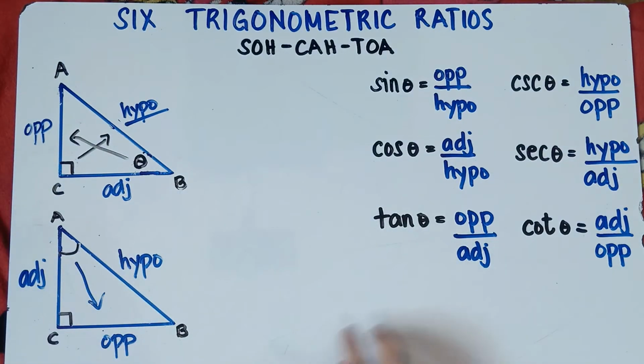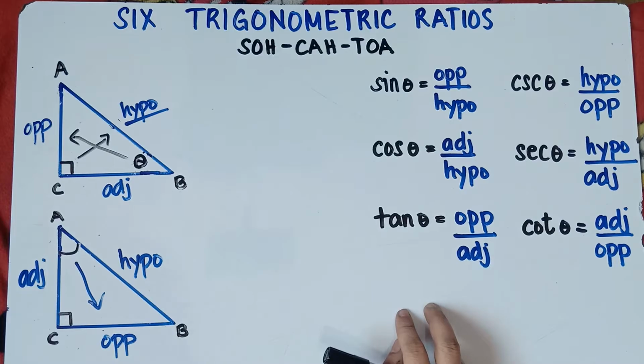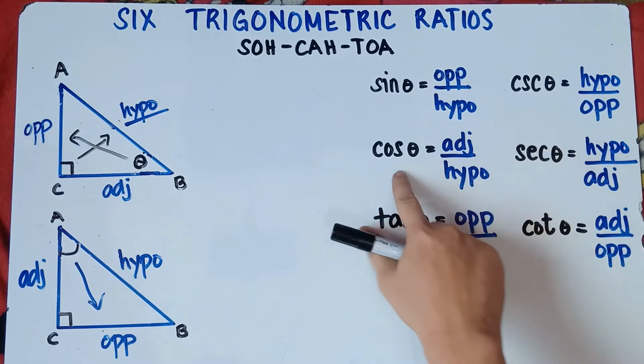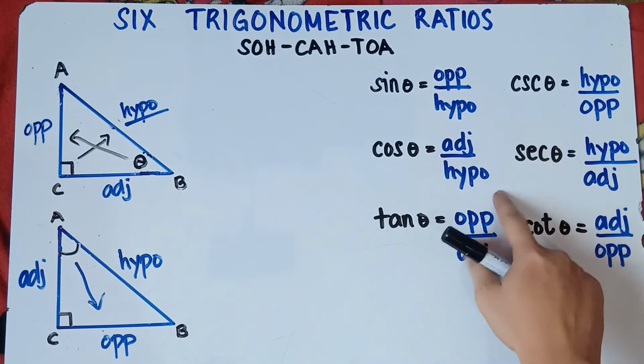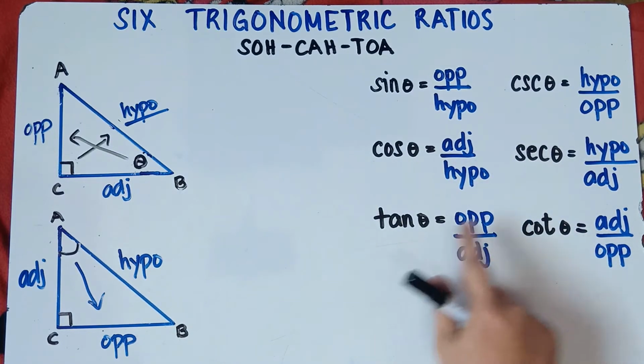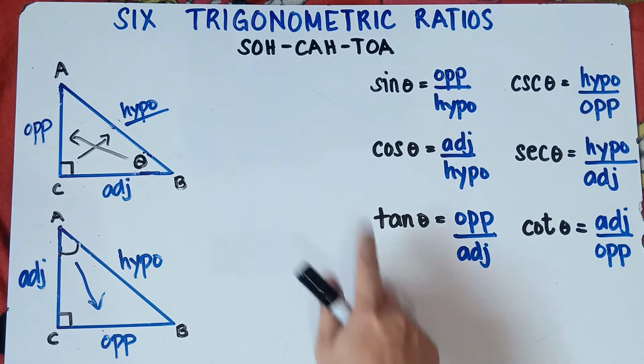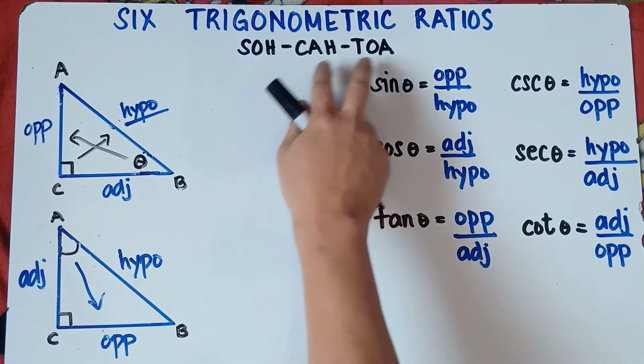So let's talk about the 6 trigonometric ratios, class. We have sine theta, opposite over hypotenuse; cosine theta, adjacent over hypotenuse; tangent theta, that's opposite over adjacent. For sine, cosine, and tangent, just remember this abbreviation, SOHCAHTOA.